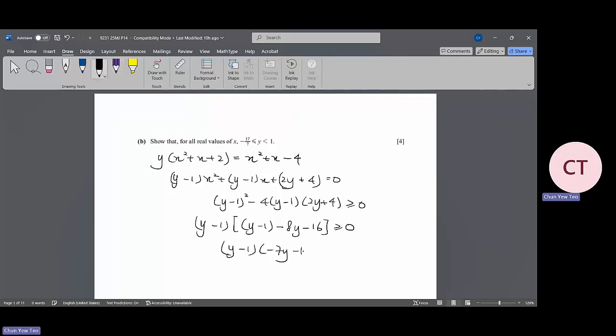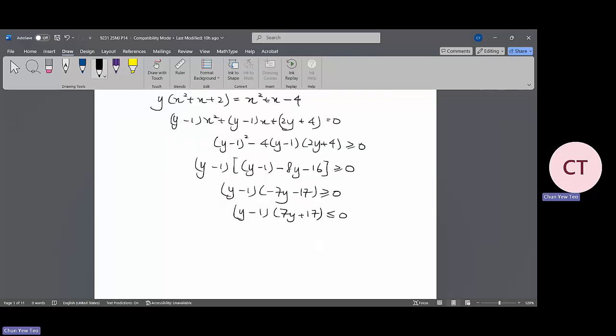So this one is minus 17. Then you can factorize the negative out and make it become (y minus 1)(7y plus 17) less than or equal to 0. So from here you will get y between negative 17 over 7 and 1.